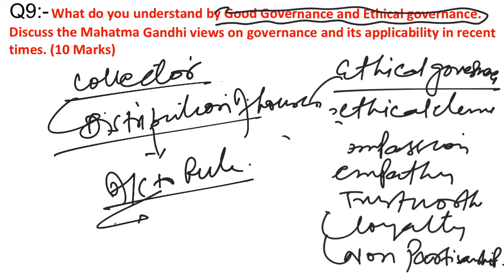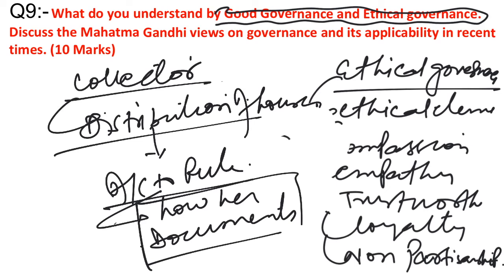But when an old lady comes to you and requests a house, but she does not have the relevant documents, now you have to make a choice based on rules and empathy. What you can do is first focus on how her documents can be prepared. Whenever you focus on getting the documents prepared, you are moving towards ethical governance. This is the difference between good governance and ethical governance.